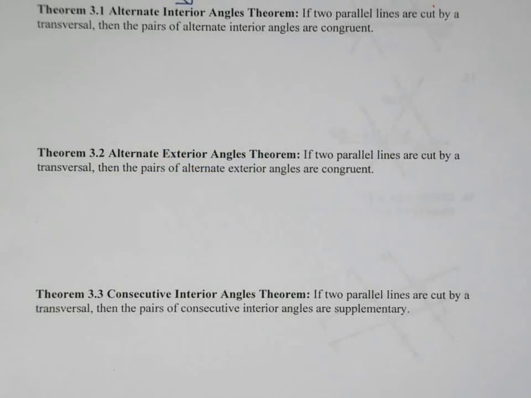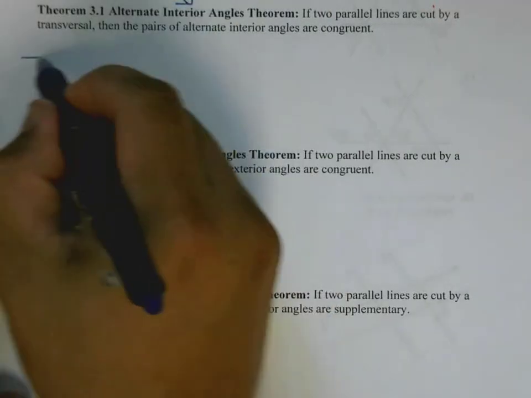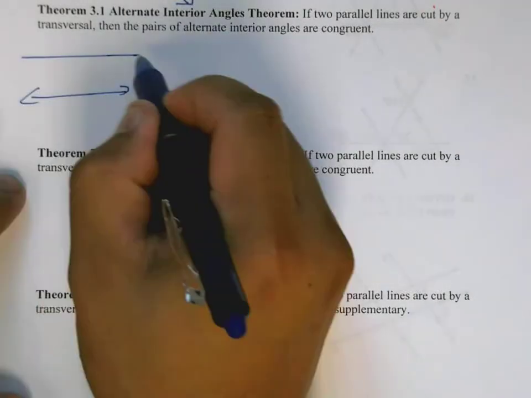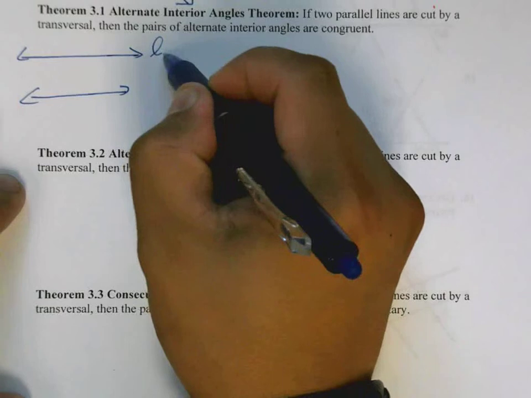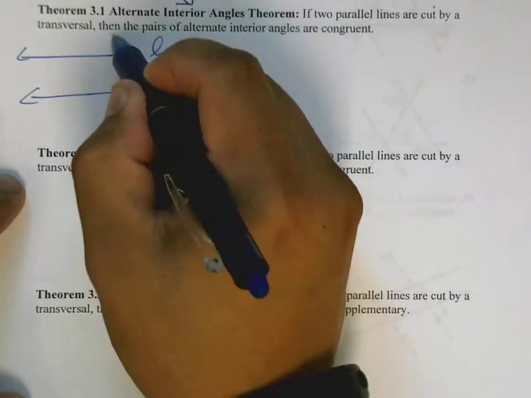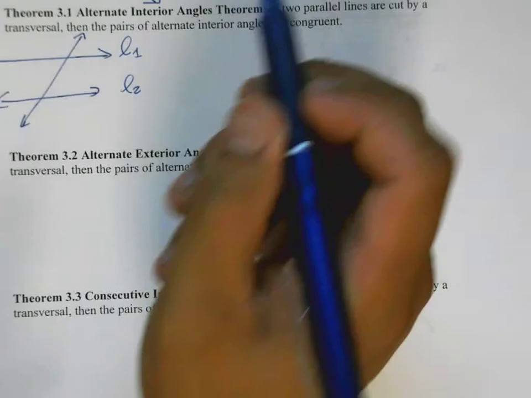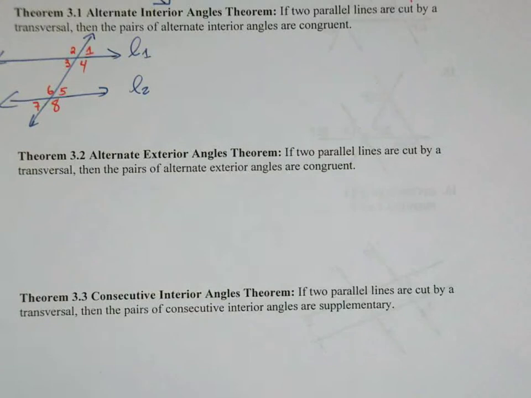So this theorem says if two parallel lines are cut by a transversal, then the alternate interior angles are congruent. So let's look at this picture. If we have two lines here, we'll call this again L1 and L2. And then there's a transversal that cuts it. And I've also numbered them, just like I did above.